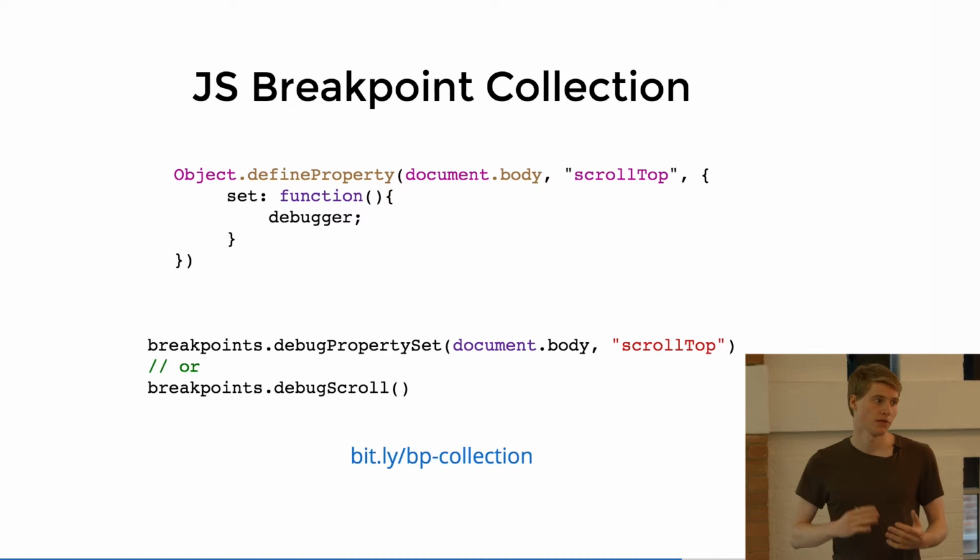If the scroll position on a page is changing, you don't know if it's a document.body.scrollTop assignment or a window.scrollTo or window.scrollBy. But using debugScroll, all of those are combined, and you can find out which is responsible for that change. If you want to try that, I have a Chrome extension that contains that, which is the easiest thing to use.